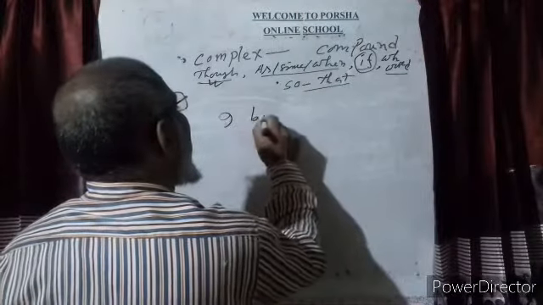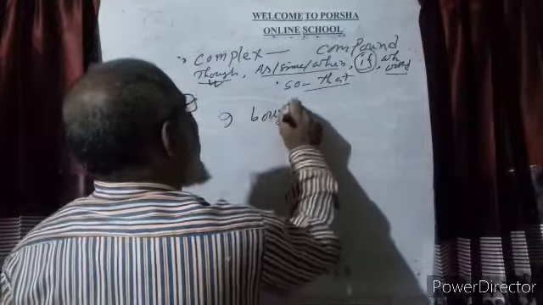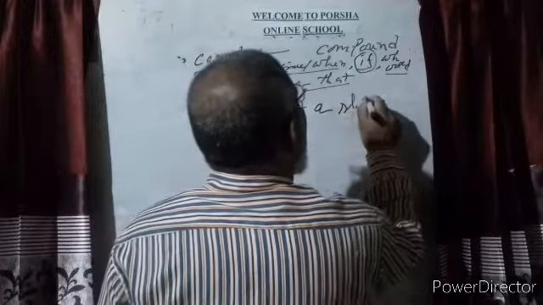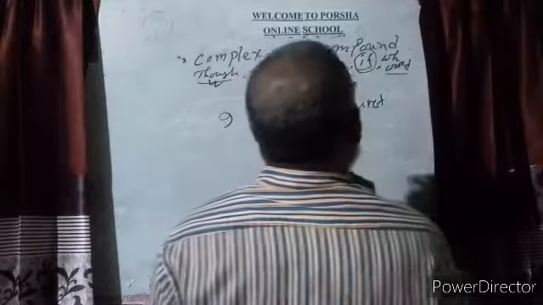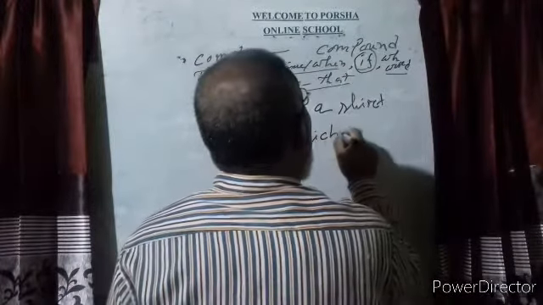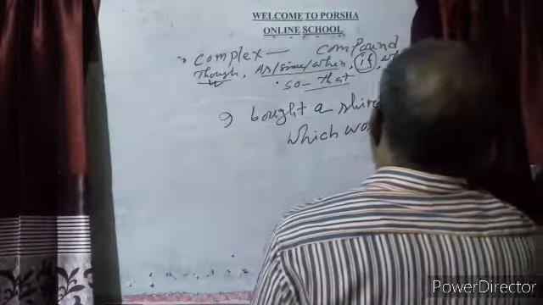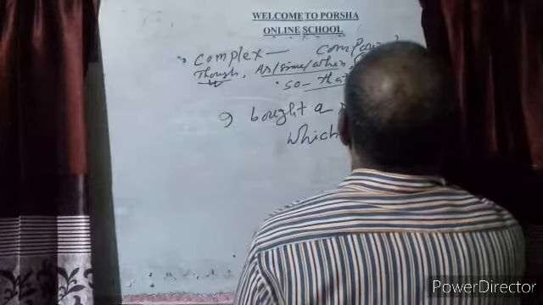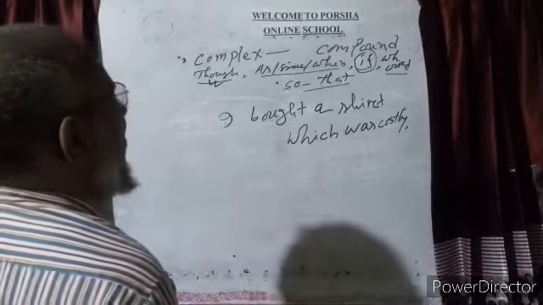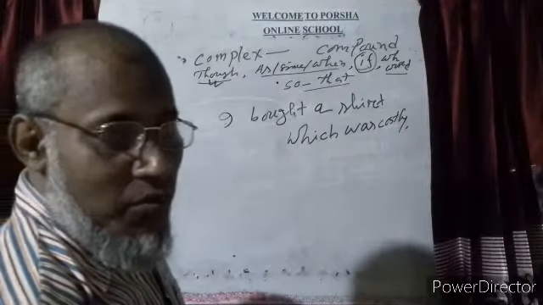I bought a shirt. I bought a shirt which was costly. I bought a shirt which was costly. This is a complex sentence. And what will be its compound form?